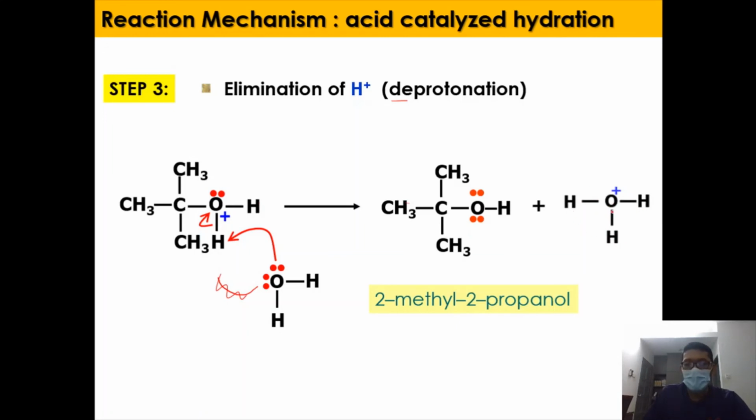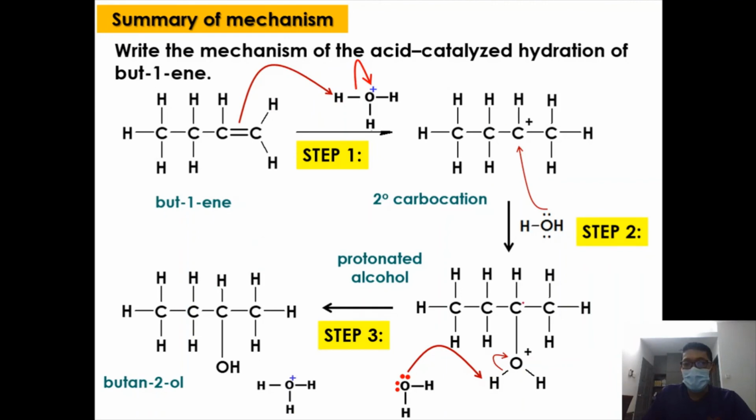Alright, and this is the summary of what I have shown just now. For step number 1, we add the hydrogen into the system according to the Markovnikov rule, producing a carbocation.